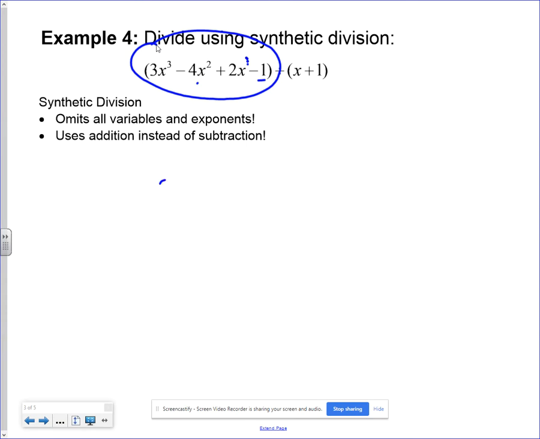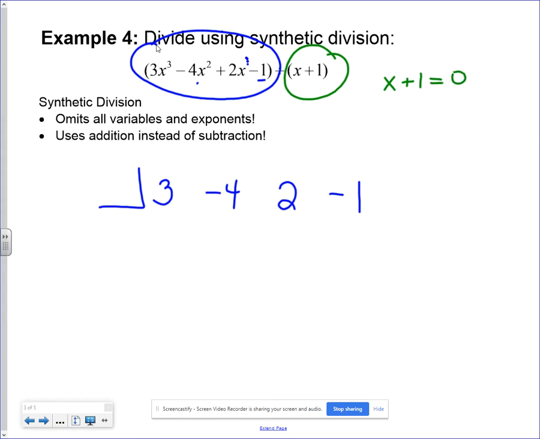So my first coefficient is 3, second one's -4, 2, and -1. So you just get rid of the variables, you get rid of the exponents. Now you're going to put a little box over here. Inside this box, what we're going to do is put the value of x that makes the thing I'm dividing by equal to 0.